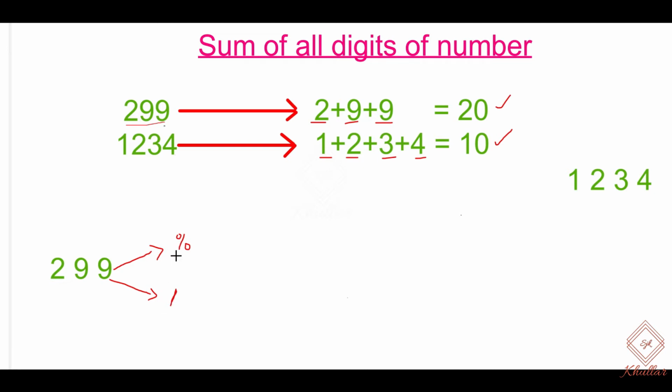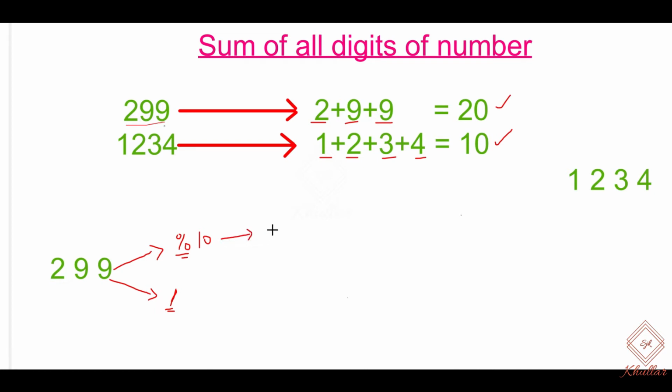This is what we see on the keyboard as percentage and what we see as divide. So what do these operators do? If I perform modulus on 299 with, say, 10, it would give me the remainder.